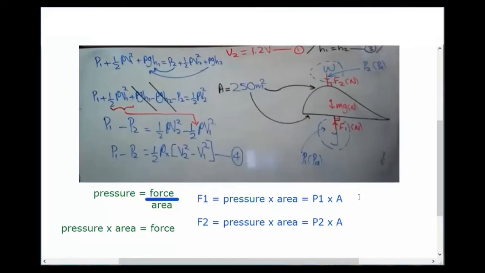Please write: let us apply F equals ma equation to the aeroplane vertically upward. Right. Now I'm going to apply the F equals ma equation. Look at the board.